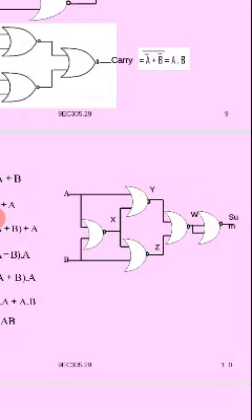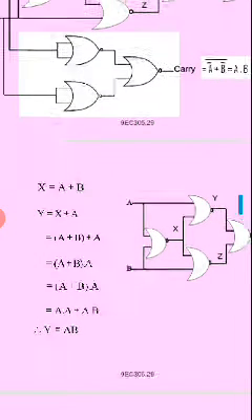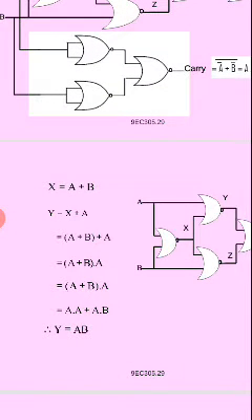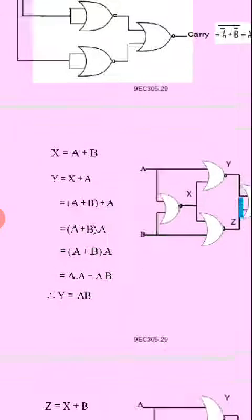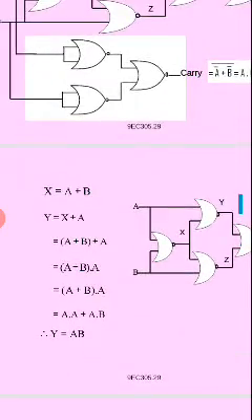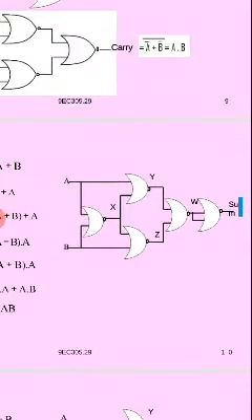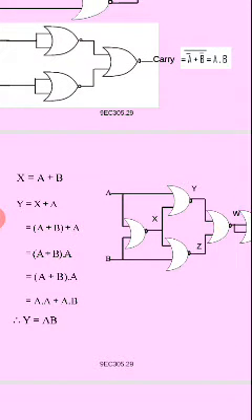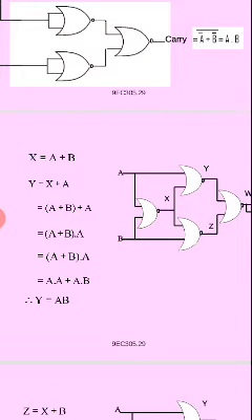That is a mistake in the slides. You treat this as the carry, not sum, which we are seeing in the slide. Y equal to AB is suitable for carry.